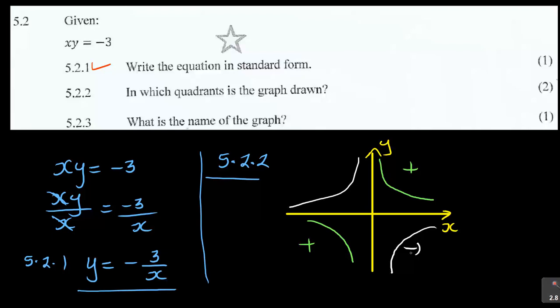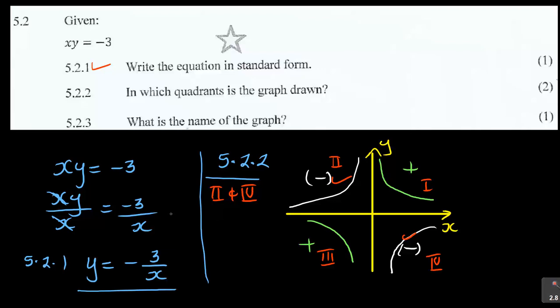Now how do the quadrants work? This is quadrant 1, this is quadrant 2, this is quadrant 3, and this is quadrant 4. For negative, you can see that it is that side and that side, which is quadrants 2 and 4. So the answer there is quadrant 2 and quadrant 4.